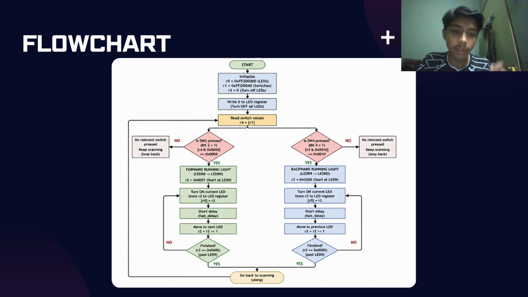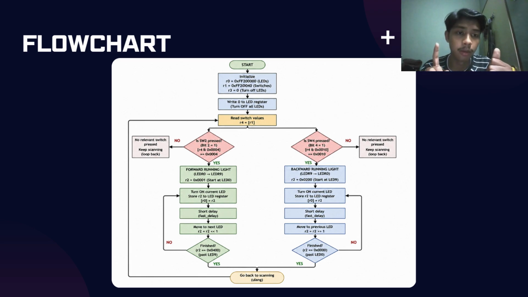Okay, so it will go to turn on current LED, store to R2 LED register. So it will turn on R9. For the switch press, it will turn on LED R0, but this is reverse running light, so it will turn on LED R9 first, and then store the value of LED R9 to register R2.